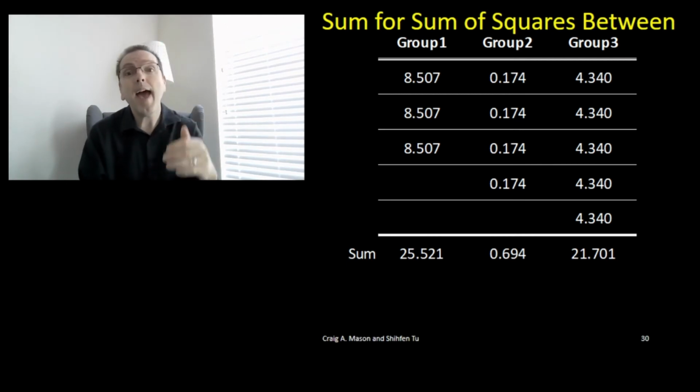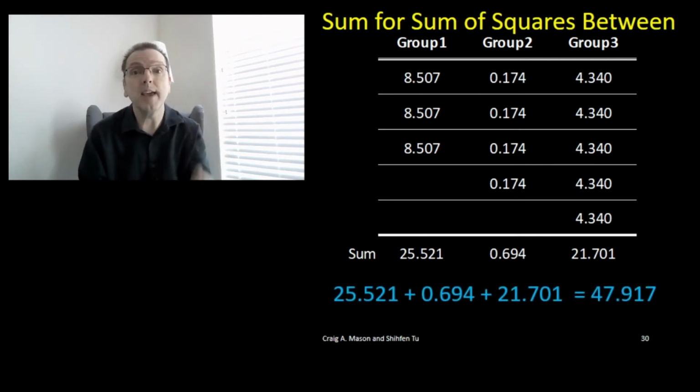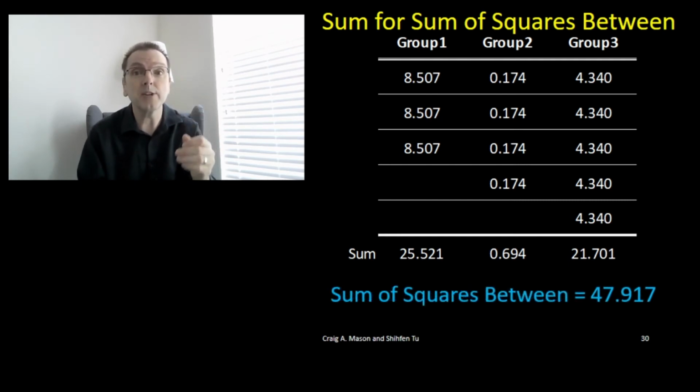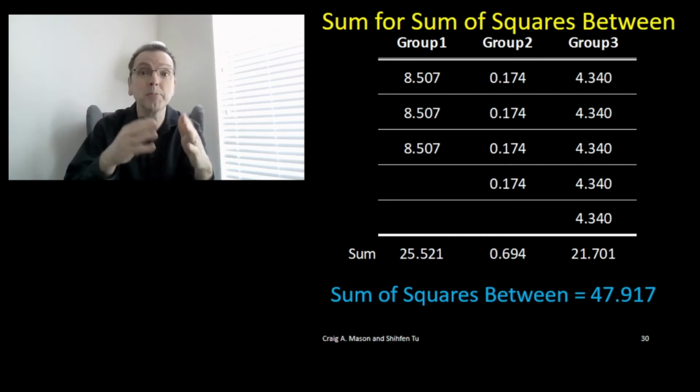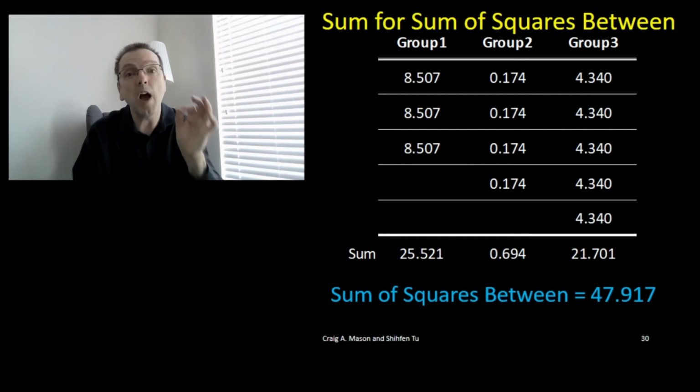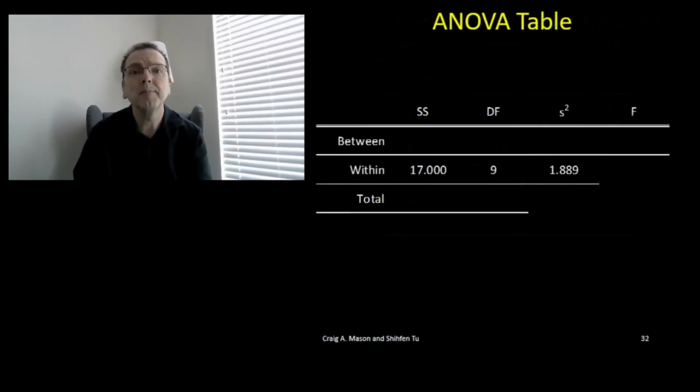We then add these squared deviations to obtain the sum of squared deviations between groups, or the sum of squares between, which is 47.917 in our example here. We can then put that into the ANOVA table, right?